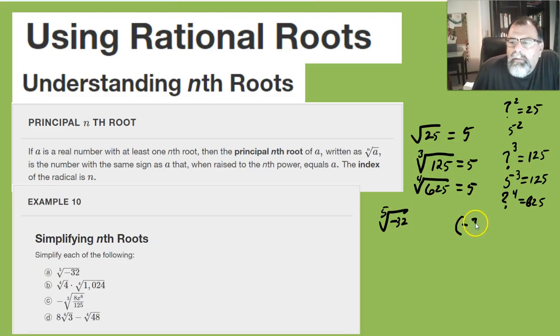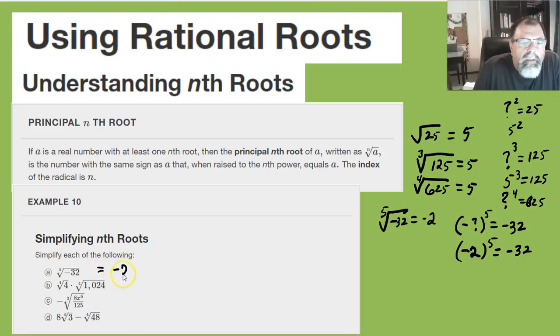What to the fifth power is negative 32? If you go 2, 4, 8, 16, 32, that's 2 to the fifth is 32. So negative 2 to the fifth power is negative 32. So this answer is negative 2.